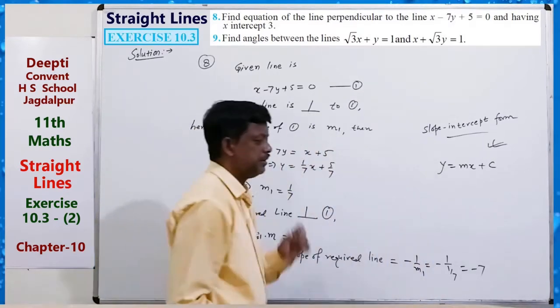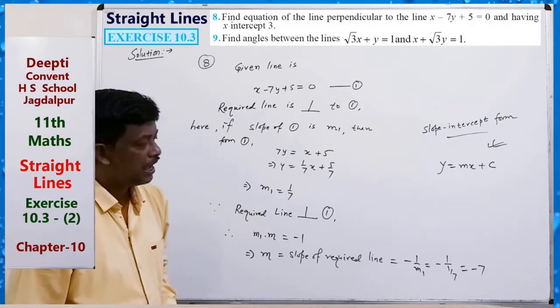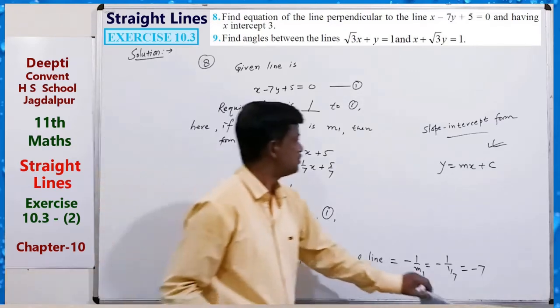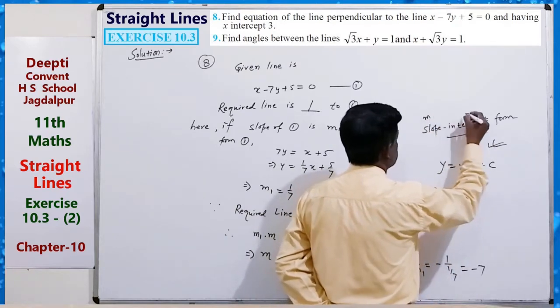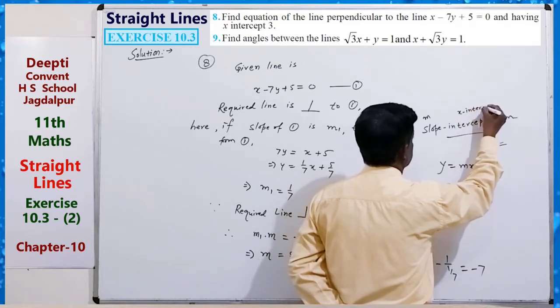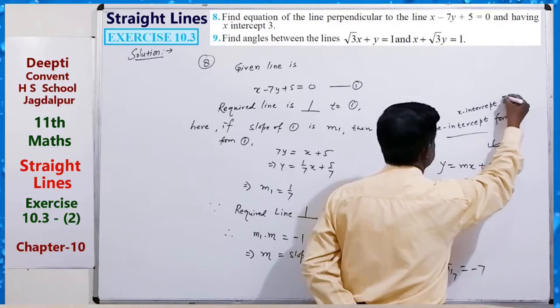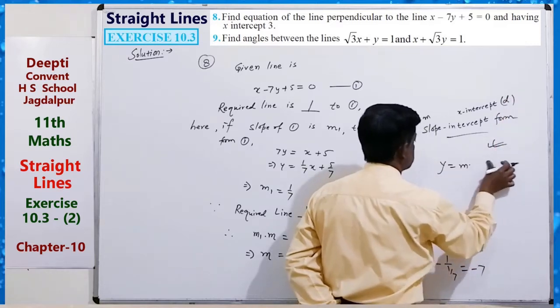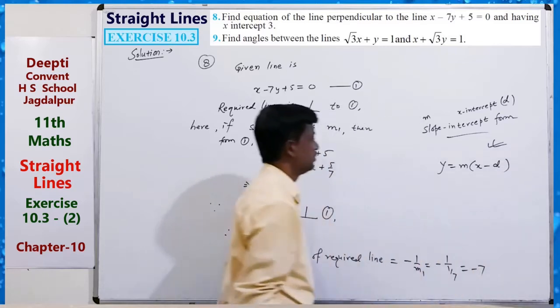Okay. Now here also, what is given? X-intercept is given. Then with slope m and x-intercept d, the formula is y equals m times x minus d.